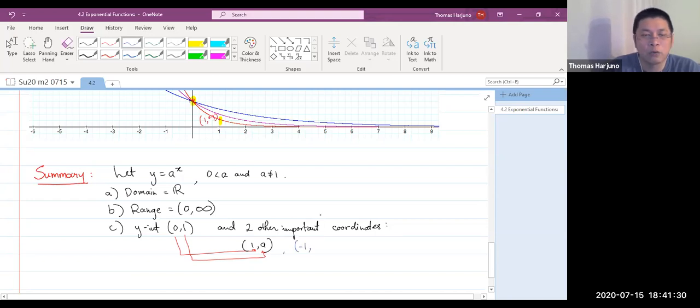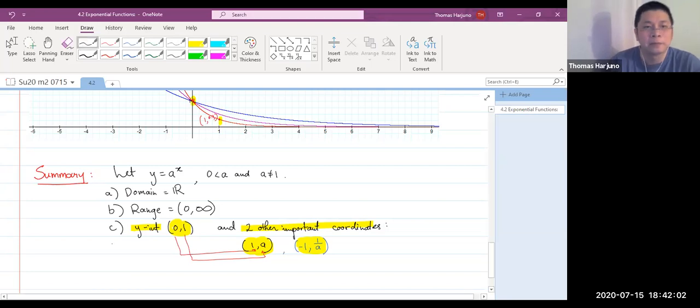When x is -1, you move 1 unit to the left, such that y now becomes 1/a. Now when I say three important coordinates, it refers to the coordinates associated to this. Those are what I call three important coordinates. Every time you graph an exponential function, regardless of its base or exponent, it must include the transformation from these three coordinates. Now, I will explain that very soon.